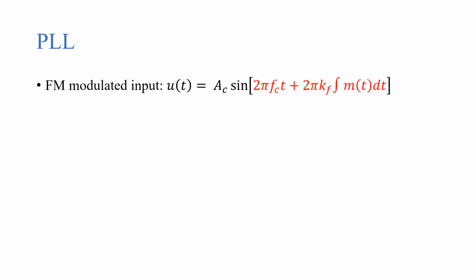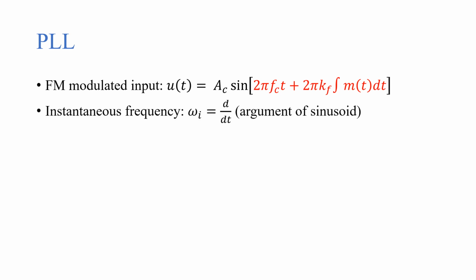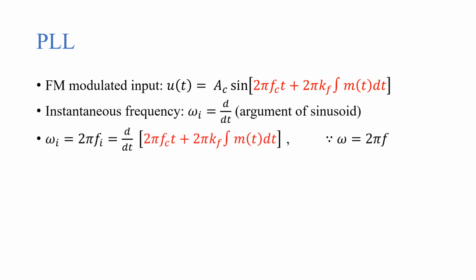The FM modulated signal u(t) is a sinusoid with its argument given by 2 pi fc t plus 2 pi kf integral of m(t) dt. We define the instantaneous frequency of a sinusoid as the time derivative of its angle part, and omega is the instantaneous frequency of the incoming FM signal in radians per second, or fi in Hz, calculated as the time derivative of the argument of the sine function in u(t).